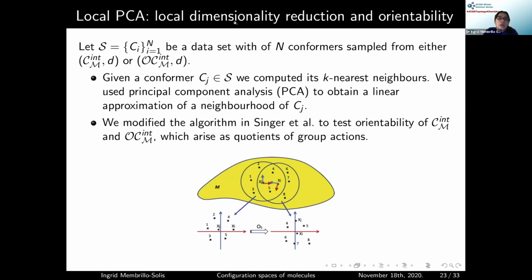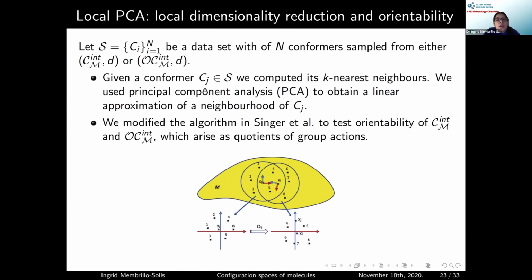Local PCA, on the other hand, gives us a much more accurate result in terms of the dimension of our topological space. So we try to do that. What we do is study a neighborhood about any point in our topological space, and we study the dimension of the Euclidean space which can be isomorphic to this neighborhood about that point.